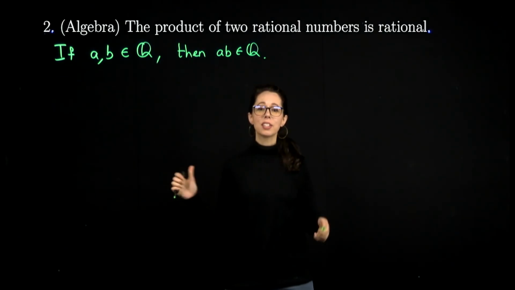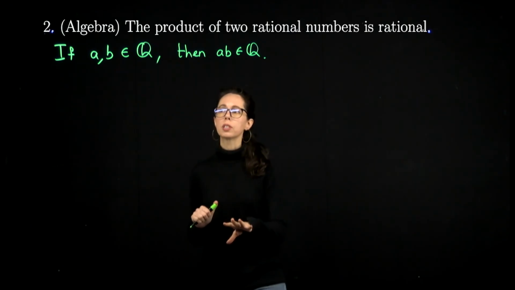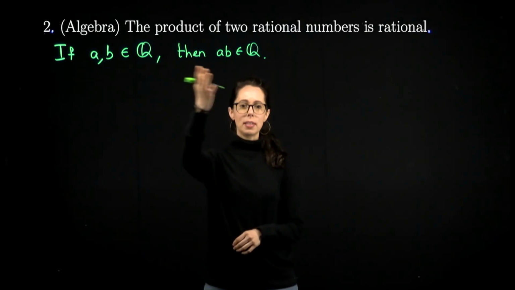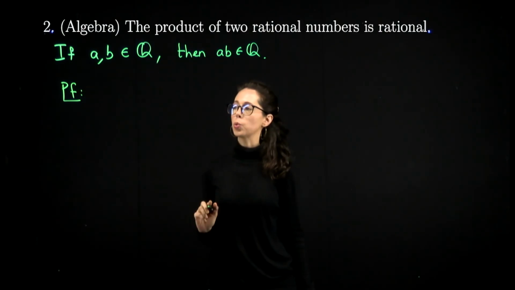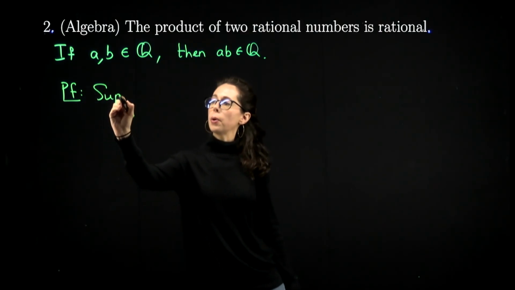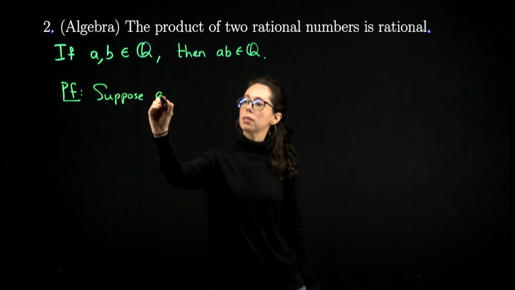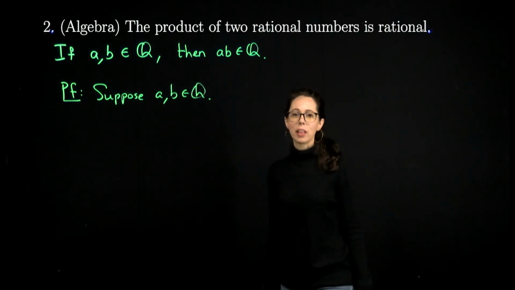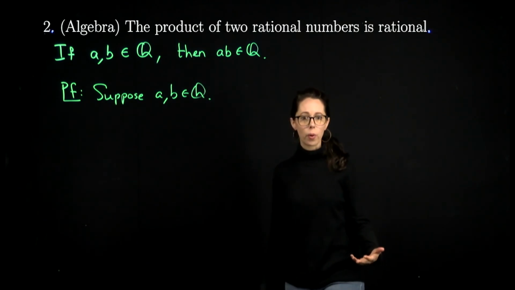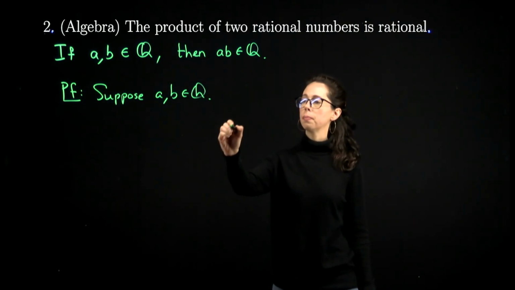Like before, this is a direct proof. So the flow of the proof is going to follow the statement here, this if-then statement. Let me start with proof in my usual way. Suppose that A and B are rational numbers. Right, now let me bring in that form for rational numbers that we just worked through.